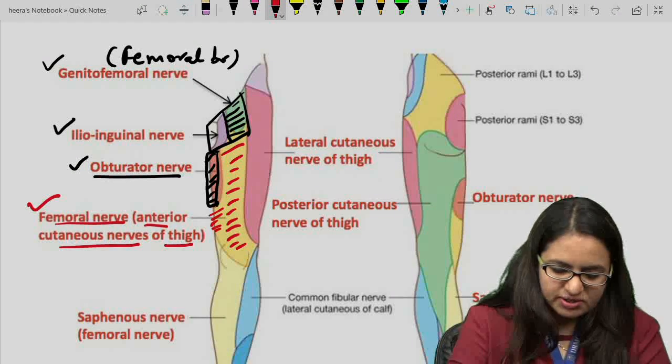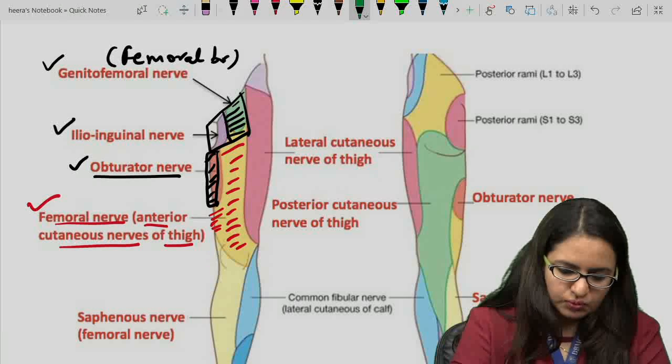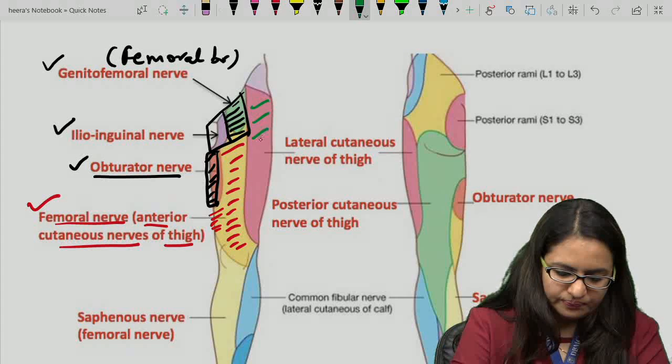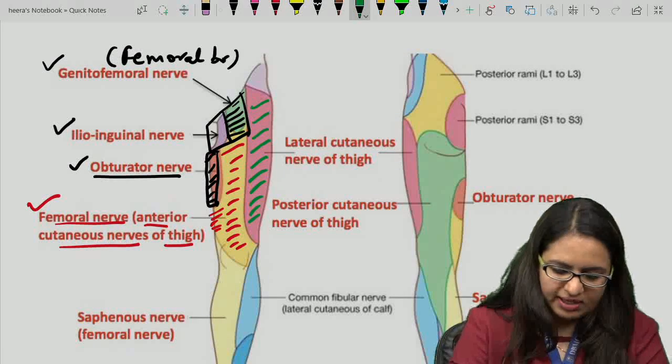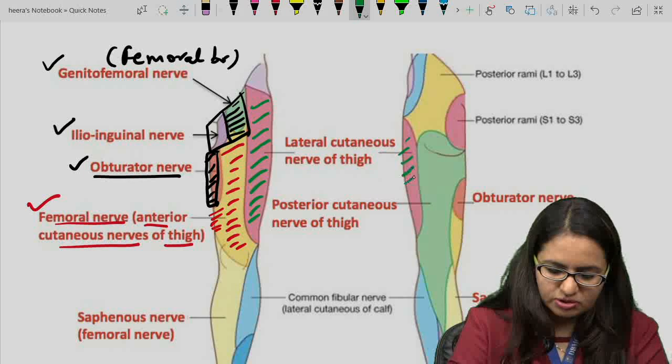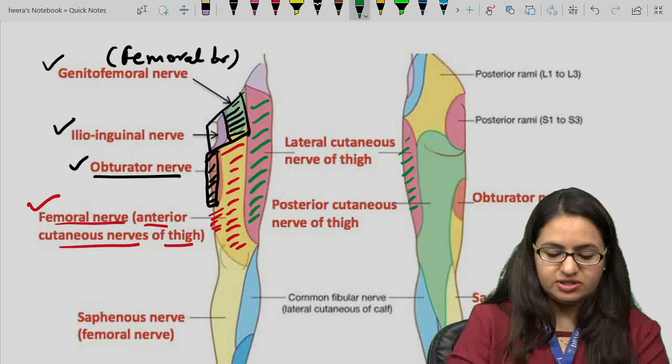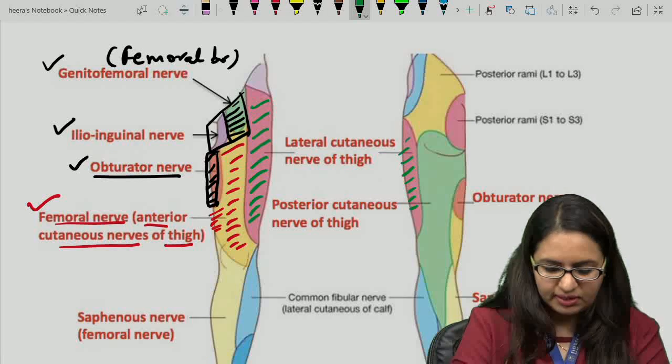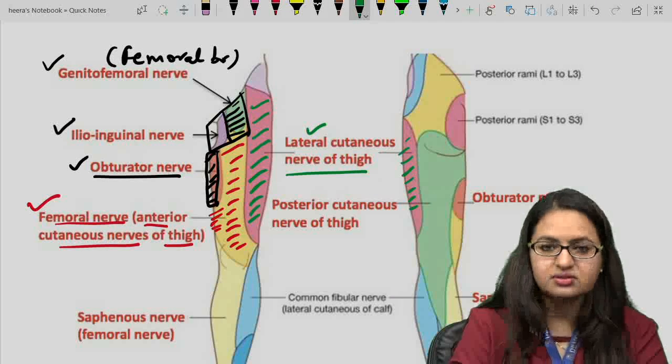Towards the most lateral side, slightly towards the lateral as well as towards the anterior, the anterolateral portion of the thigh is supplied by the lateral cutaneous nerve of the thigh.